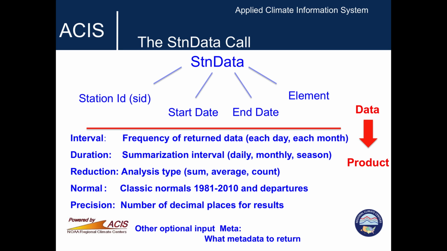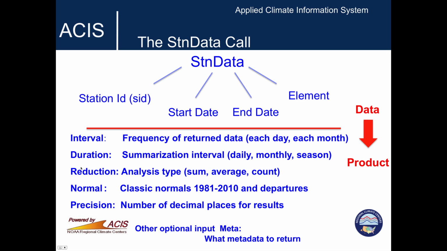The call requires specification of a station, starting and ending date, and an element or climate variable. When only these parameters are specified, the call returns a listing of daily data values. A suite of optional parameters provide the real power of the ACIS station data call.